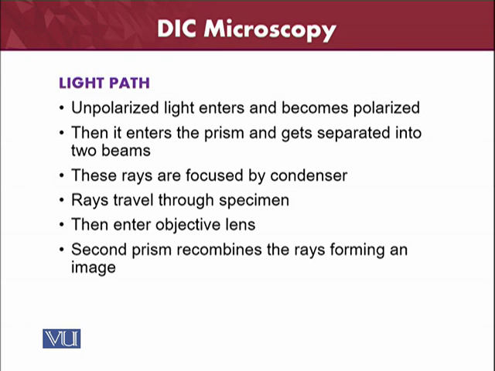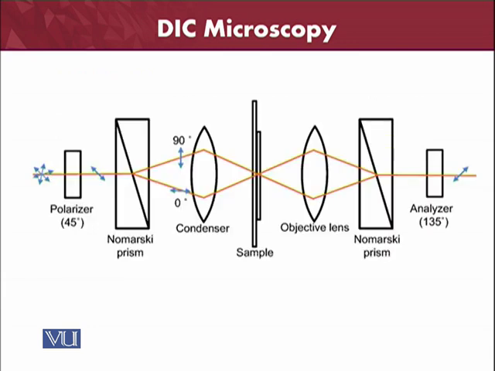Then they enter the objective lens, and a second prism recombines the rays, forming an image which is clear through contrast microscopy.